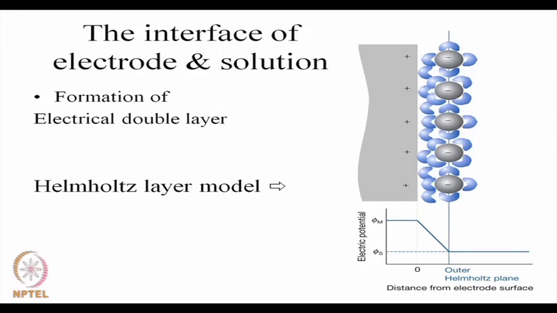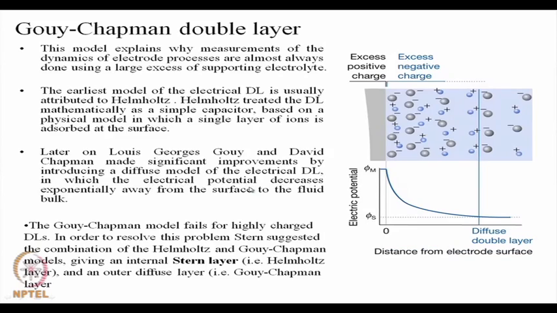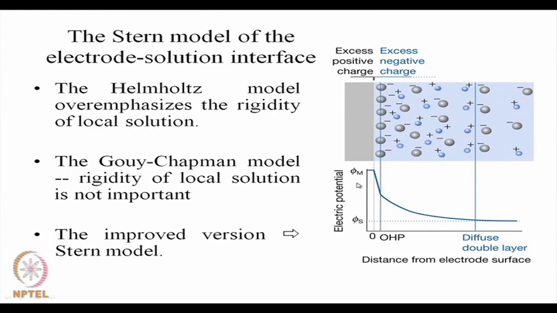So, again if you go back, this is your Helmholtz layer, this is Gouy-Chapman, then it is a combination of these two. But the Helmholtz model overemphasizes the rigidity of local structure.